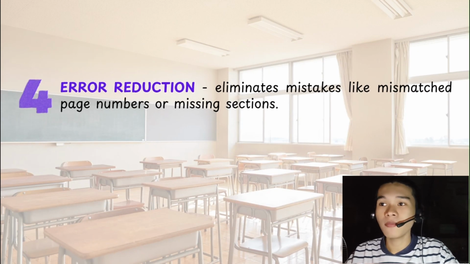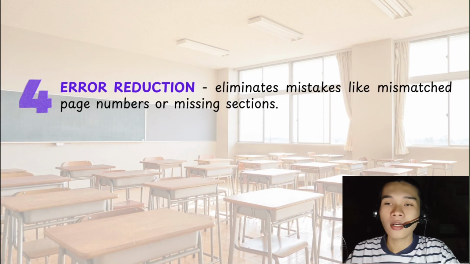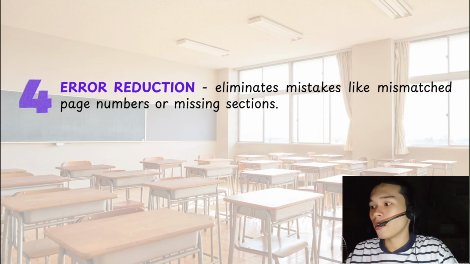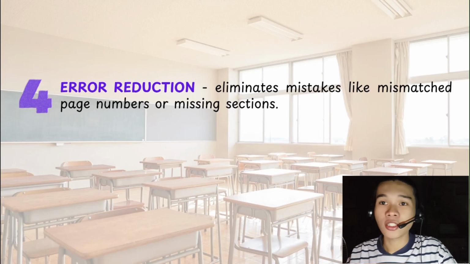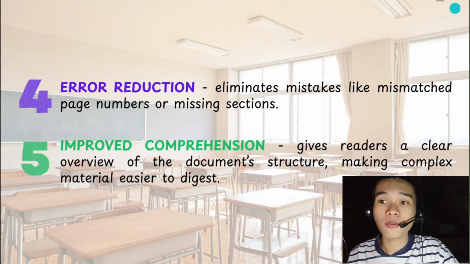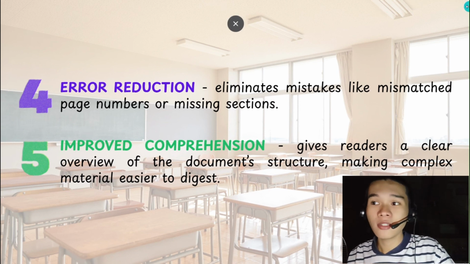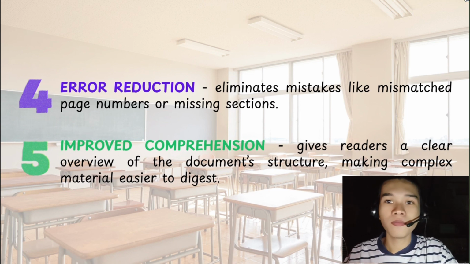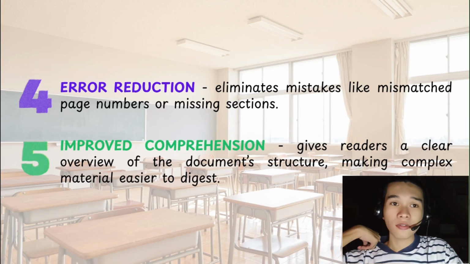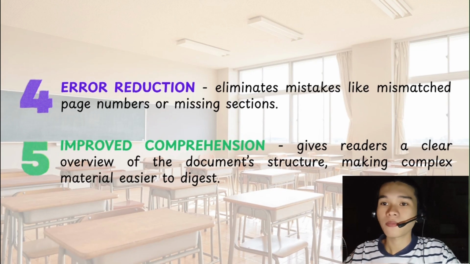Next is error reduction, because it eliminates mistakes, for example, the mismatched page numbers as well as mismatched titles of a manual table of contents. Last is improved comprehension, because it gives readers a clear overview of the document structure, making it easier for them to digest.